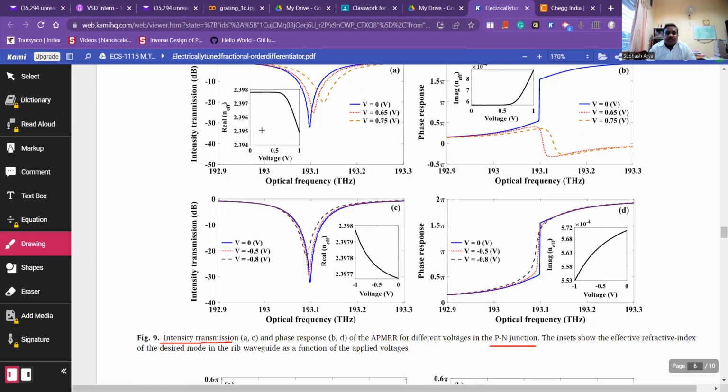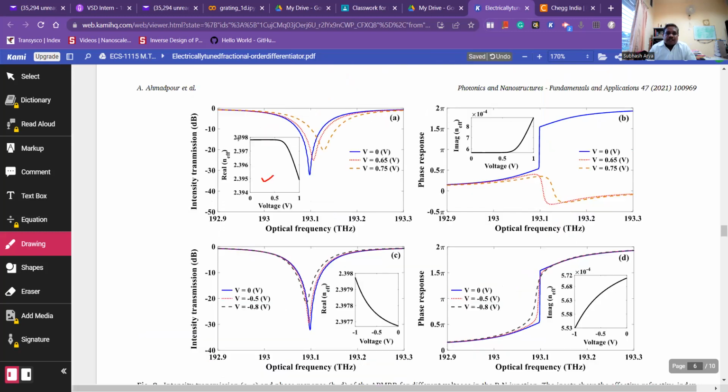So this is the inset, voltage versus effective refractive index for positive voltage applied and negative voltage applied. This is intensity transmission. This is phase response from 0 to 2 pi. And intensity transmission from minus 40 dB to 0 dB.